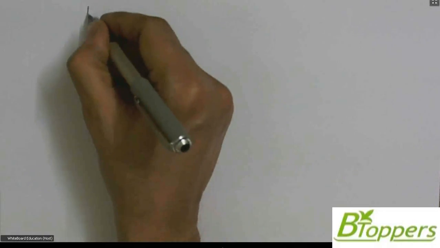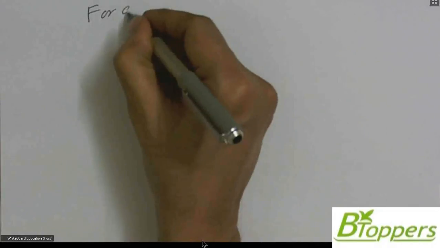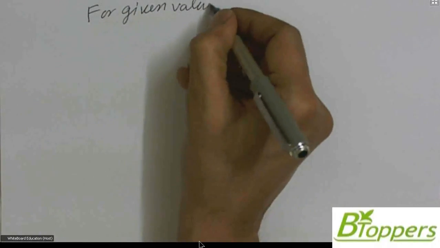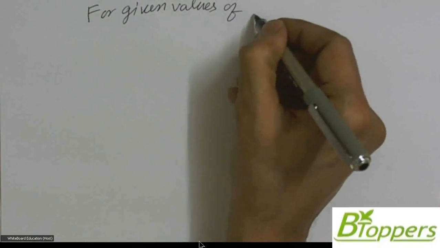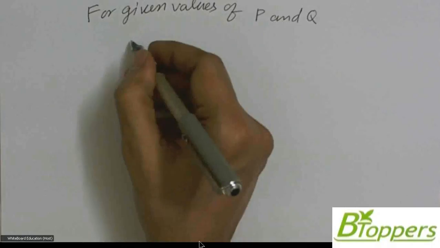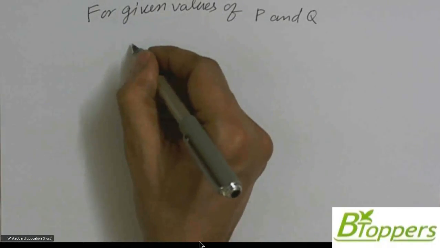In general, for given values of P and Q, the magnitude of the resultant will be maximum when the two vectors are in the same direction.